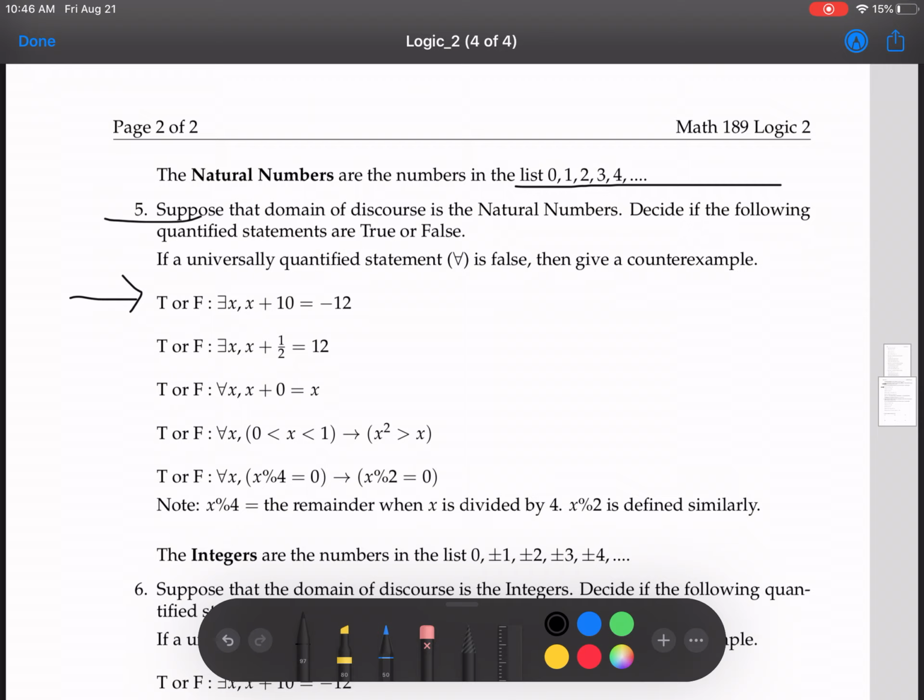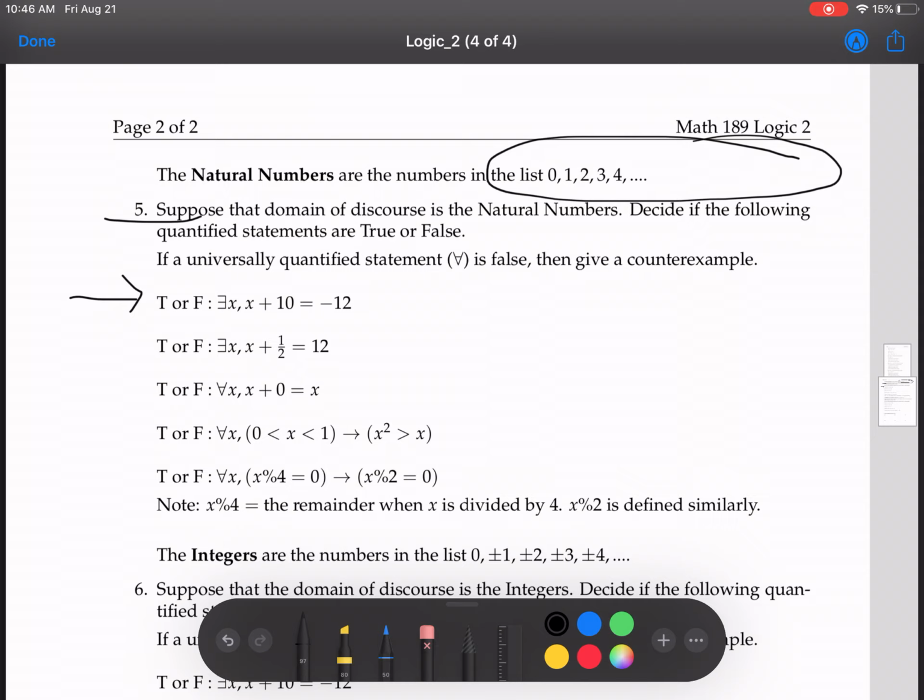All right, this statement says that there exists some x, there exists some natural number, there exists one of these infinitely many numbers here. There exists one of these infinitely many numbers here that you can put in for x and get a true statement.